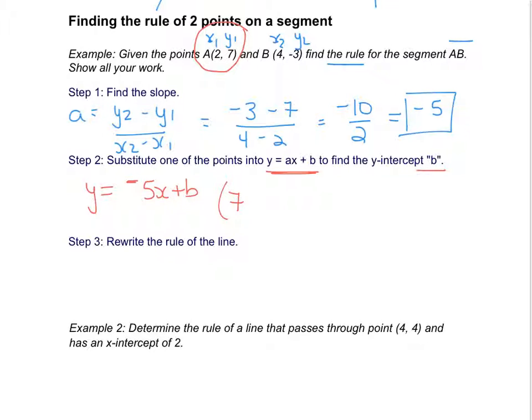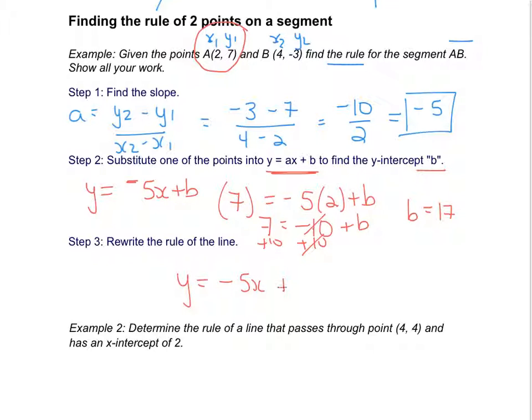So 7 is the y, is equal to negative 5 times 2 plus b. So 7 is equal to negative 10 plus b. I want b all by himself, so I'm going to move 10 to the other side of the equal sign. 7 plus 10 is equal to 17. So my entire equation is y is equal to negative 5x plus 17.